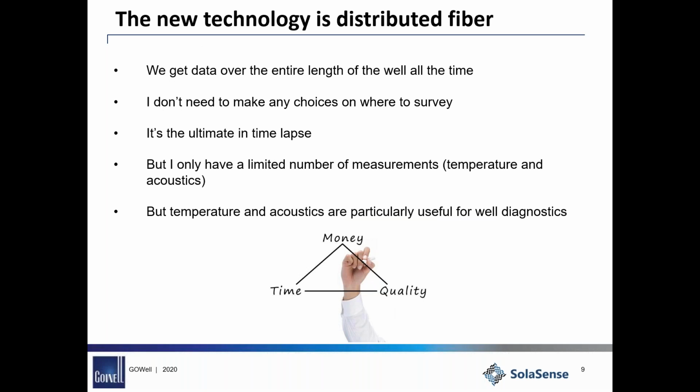I'm talking about within cased-hole surveillance. But what I'm seeing here in the Middle East is more wireline and slickline contracts coming out that have fiber surveillance as a component of them. And as these requests and requirements come out, it's going to become more ubiquitous.